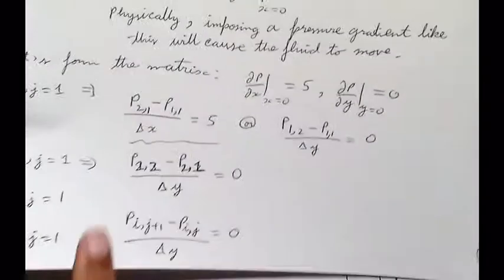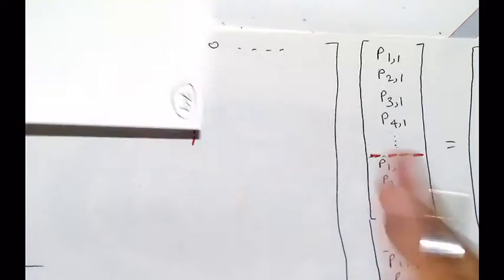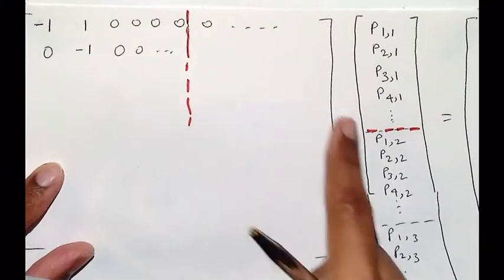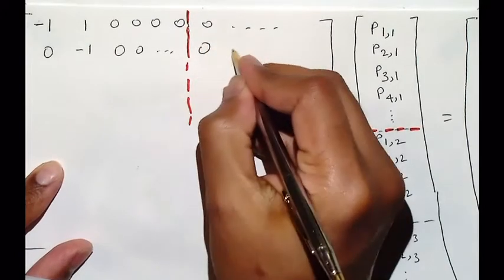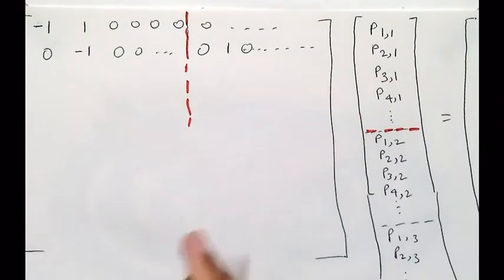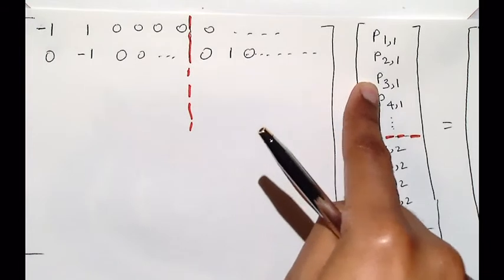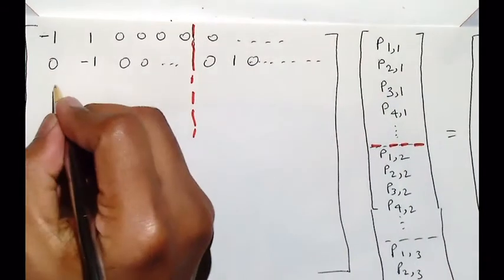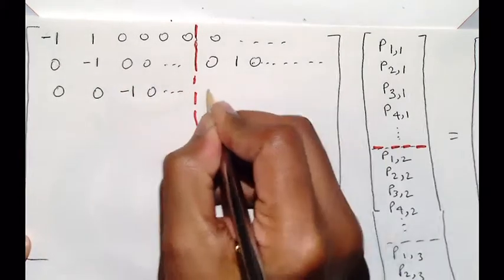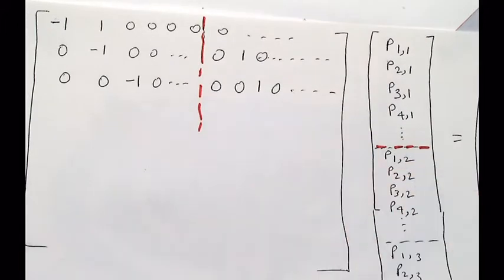And then what's the other one? It's P2,2 plus P2,2, and this is equal to P2,2. Let's see, where is P2,2 here? The 0 and 1 and zeros. Okay, let's do one more. Let's see, P31. What happens with P31? We get the same here. 0, 0, minus 1, 0, 0, 0, 1, 0, so now you see there is a pattern.